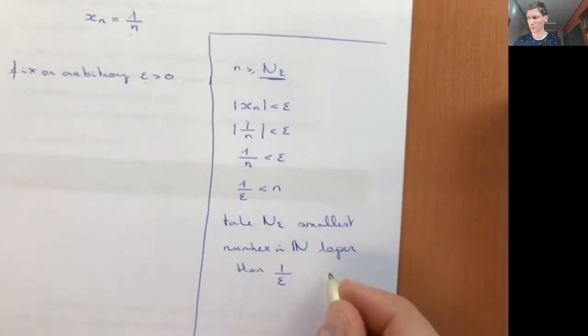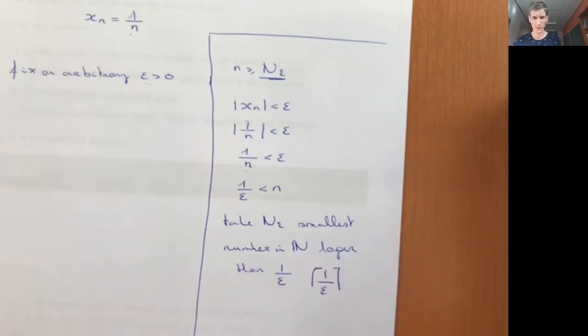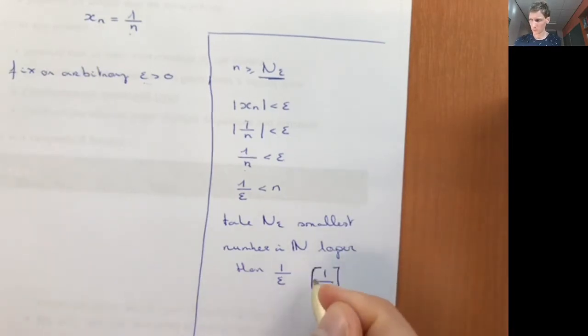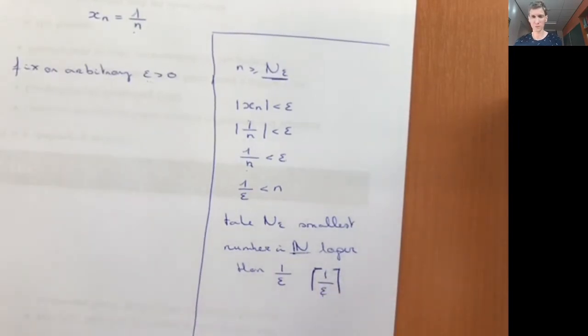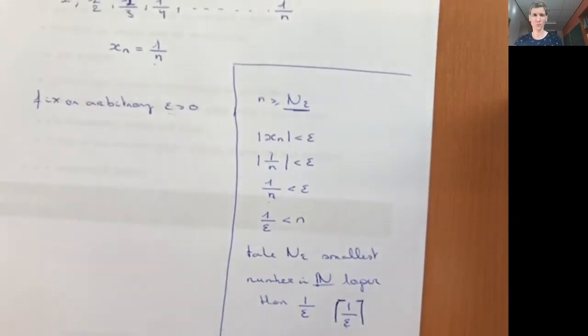Sometimes in mathematics you write this with ceiling brackets around 1 over epsilon, the smallest natural number above 1 over epsilon. It's like the floor or ceiling function, if you know something about programming or discrete mathematics.